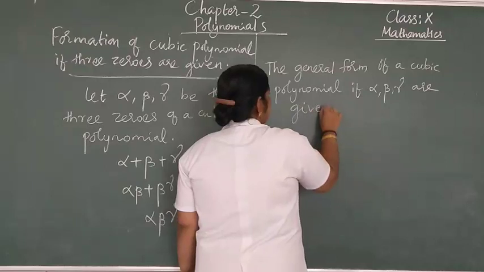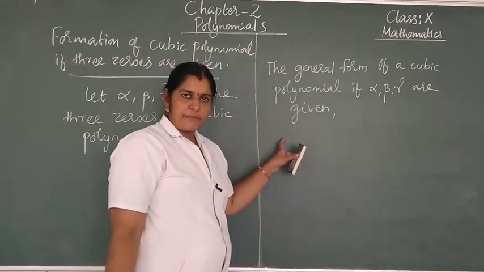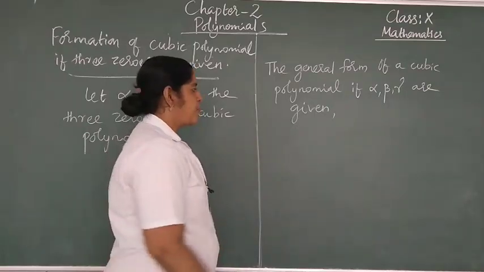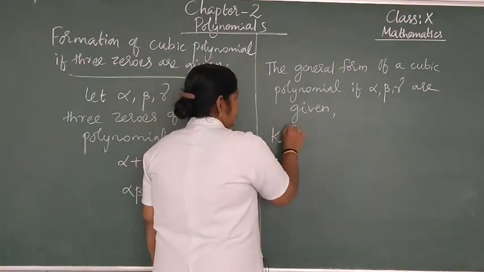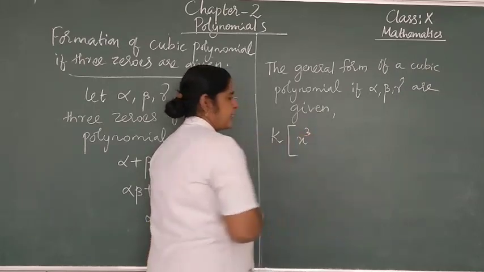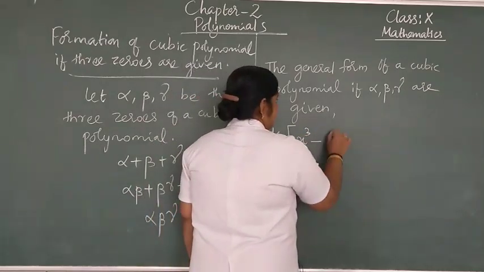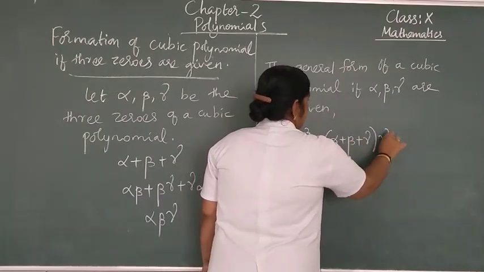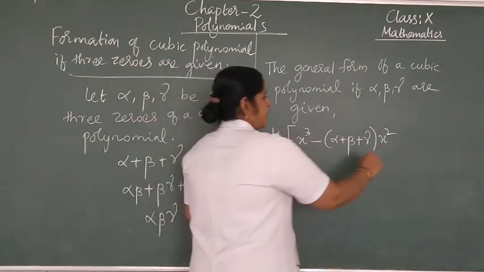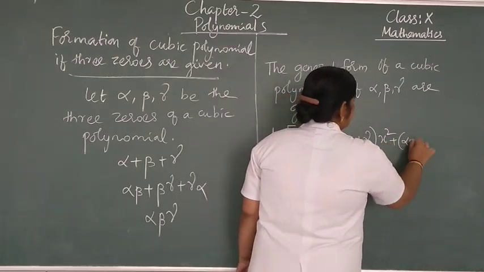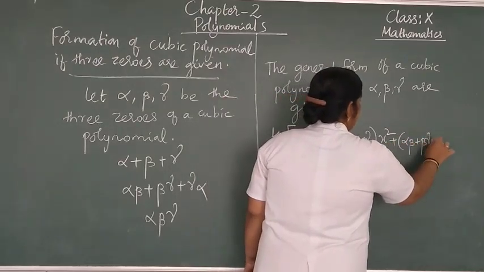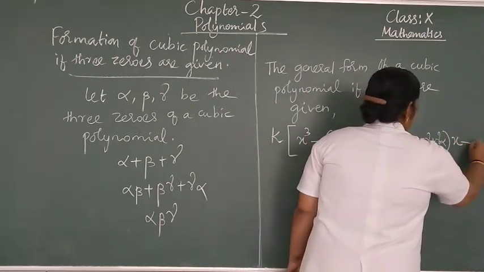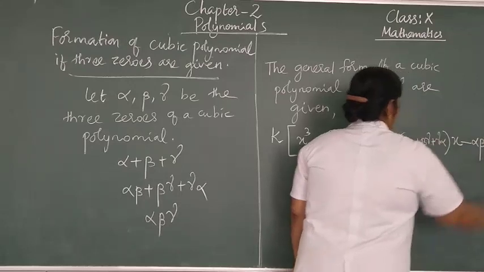So when we are given these three zeros of the cubic polynomial, the general form to write the cubic polynomial is k into x cube minus of alpha plus beta plus gamma into x square plus alpha beta plus beta gamma plus gamma alpha into x minus alpha beta gamma.